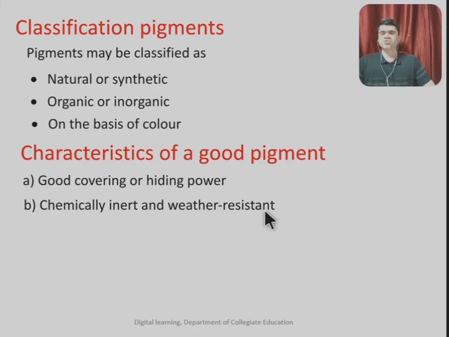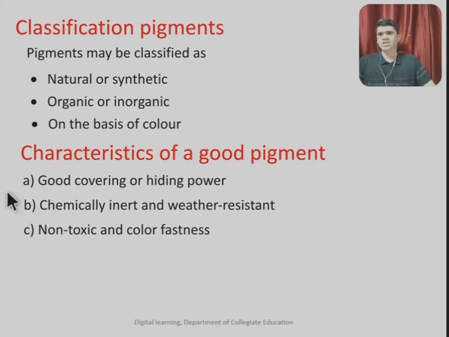It should not degrade in heat or bad weather. On rainy days, it should not undergo hydrolysis. So it must be chemically inert, for a long life, and weather resistant.